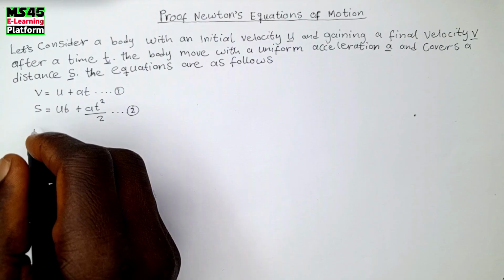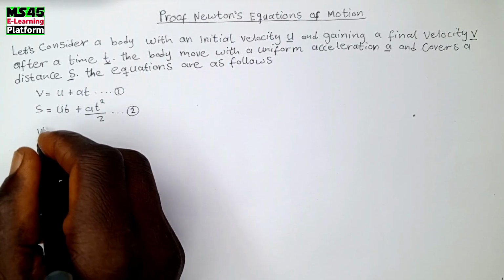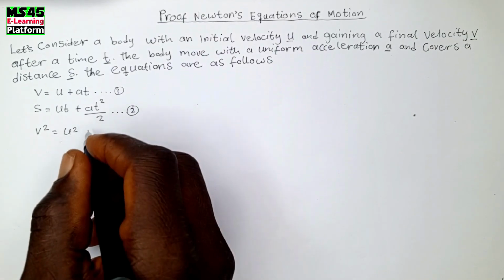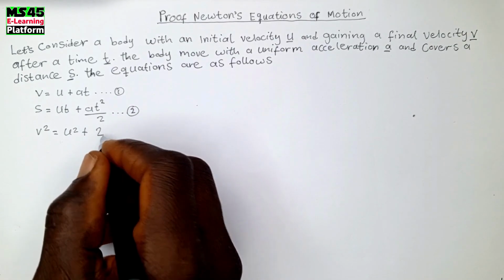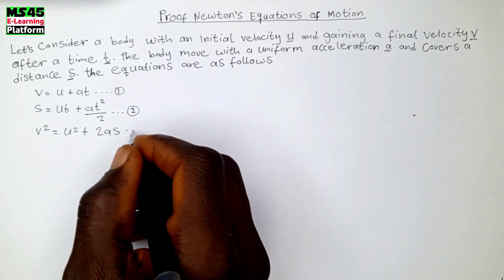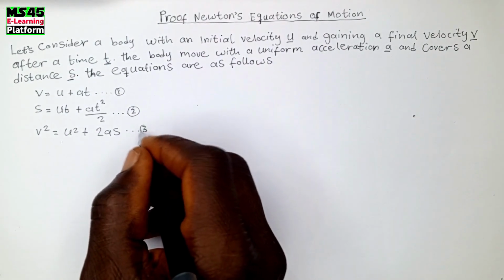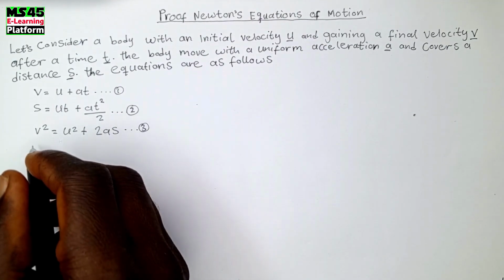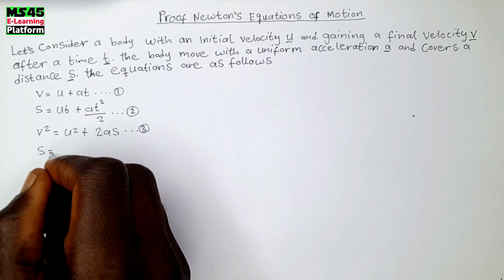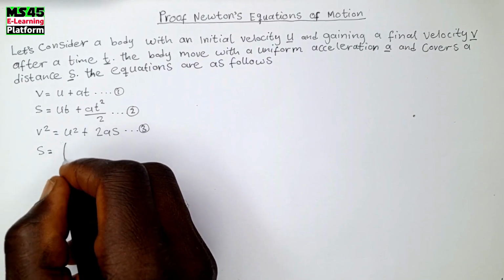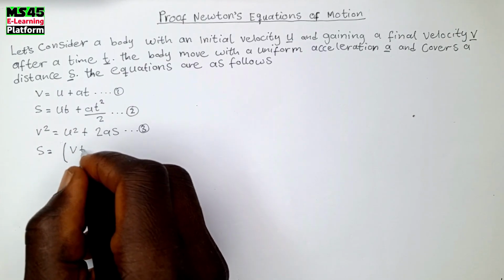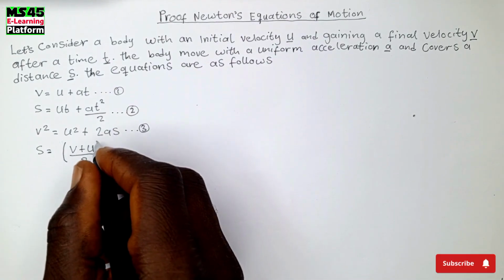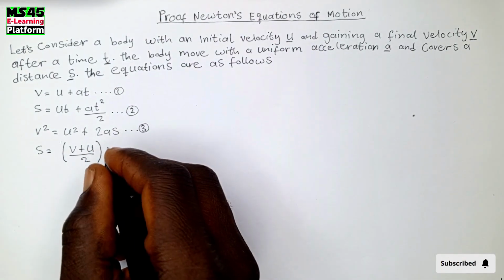We have equation 3 to be v squared equals u squared plus 2as. That is equation 3. And we have equation 4 to be distance equals, we bring the bracket, (v plus u) over 2, bracket close, times time.